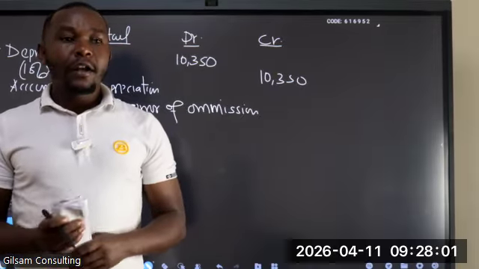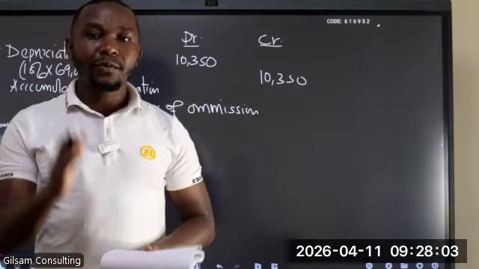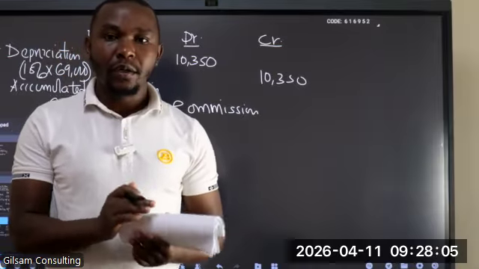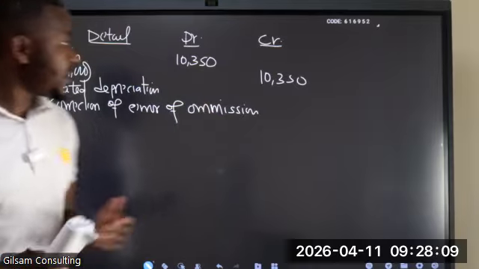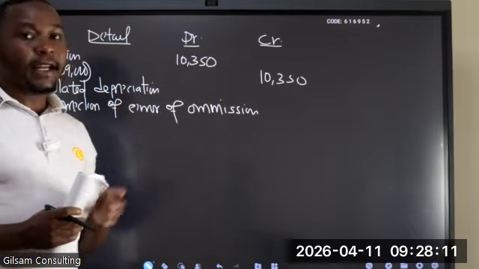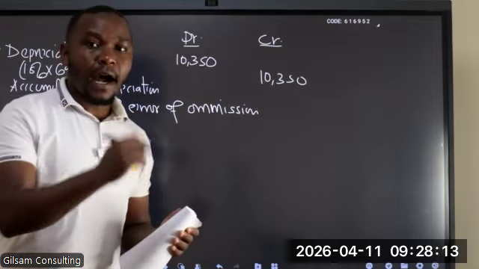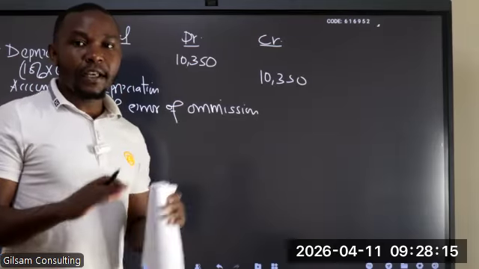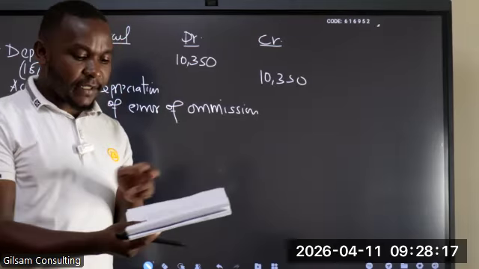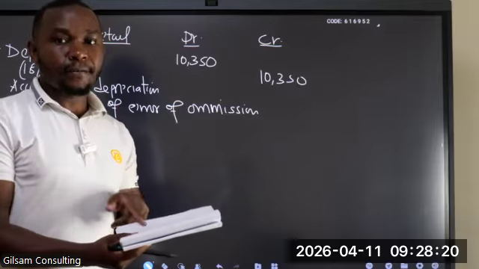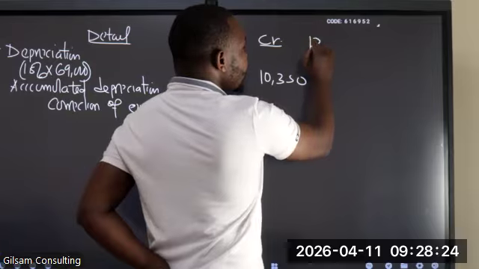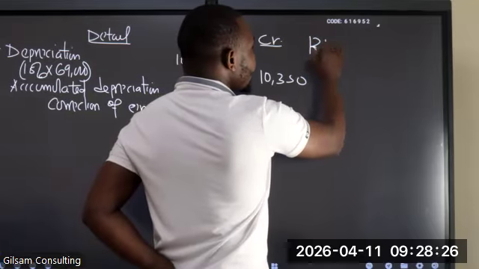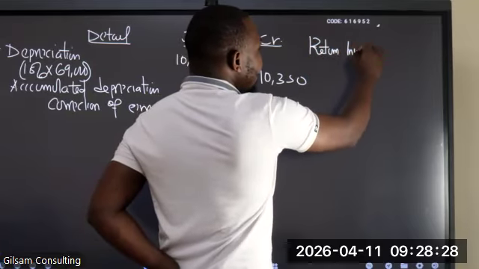How do we record, without even seeing this error, how do we record the return inward? We debit where, we credit where? Because in this correction of errors, you ask yourself first, how do we record this transaction in the correct way without even seeing the error? How do we record return inward?